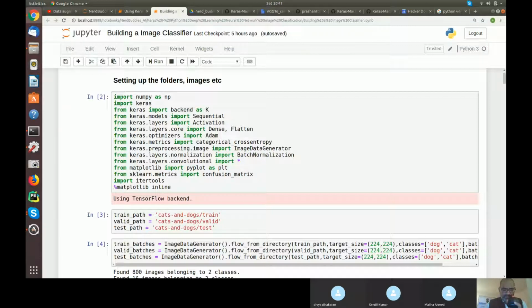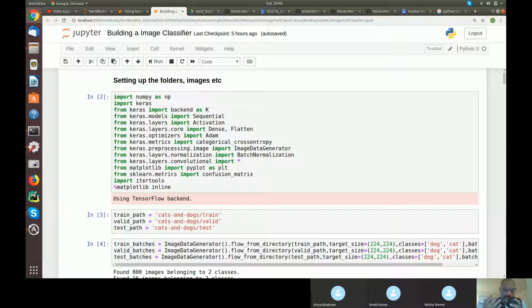And first we are going to build our own neural network with a convolutional layer, and after that we'll use a model called VGG16, which won the 2014 ImageNet competition.